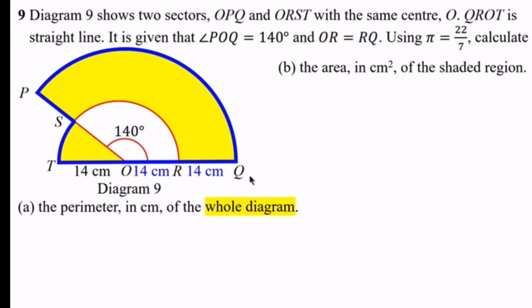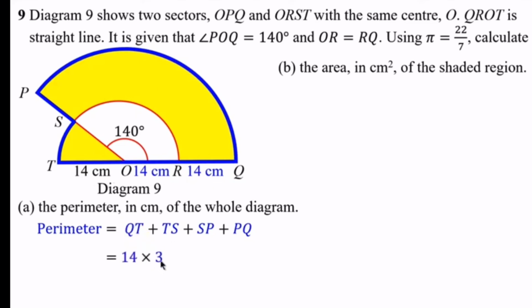So now we want to find the perimeter for the whole diagram. We start with Q to T, which is a straight line, and then plus the arc length TS, and SP is a straight line, and the arc length PQ is the arc length for the bigger circle. Now we will just add up 14 plus 14 plus 14.